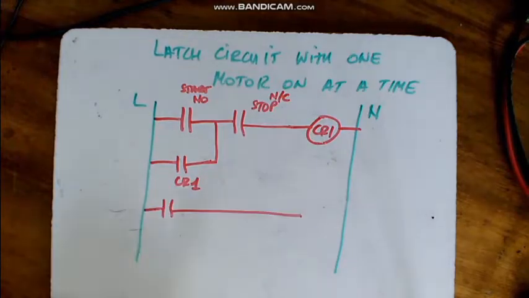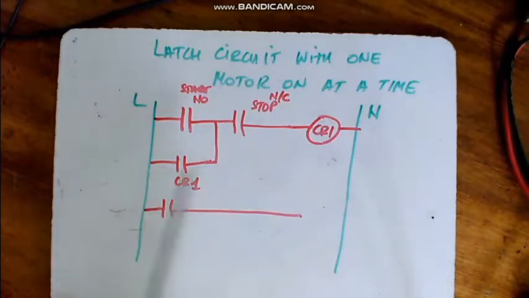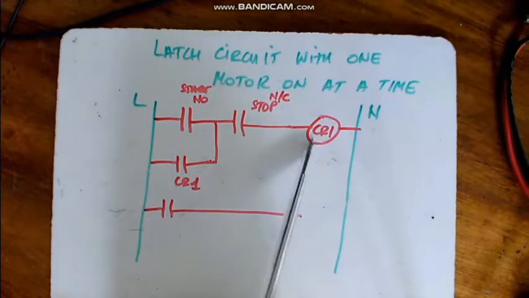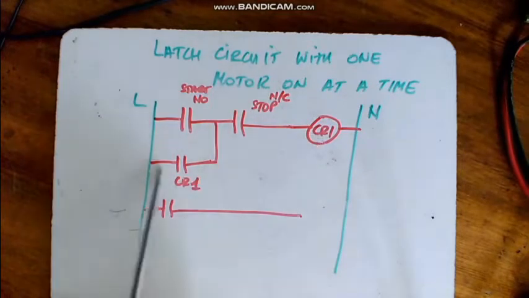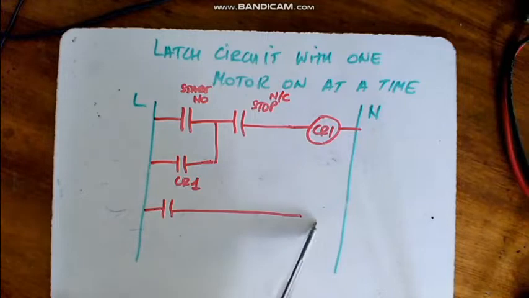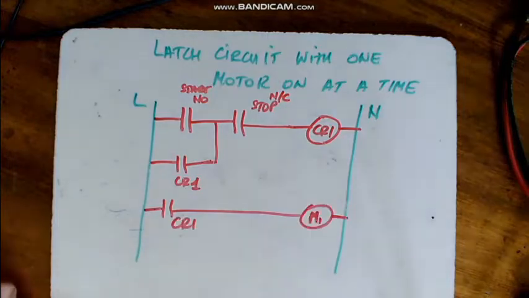So once the motor is running and CR1 remains closed, that means this switch will also be closed. When this contact is closed, it closes CR1. CR1 being closed will then turn on motor 1. But when motor 1 is on, motor 2 has to be off, meaning that the other switch will have to be the opposite of CR1.